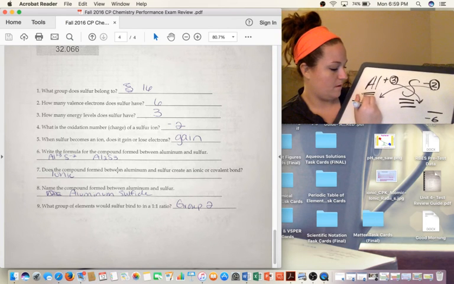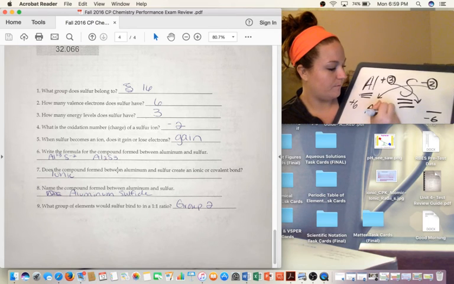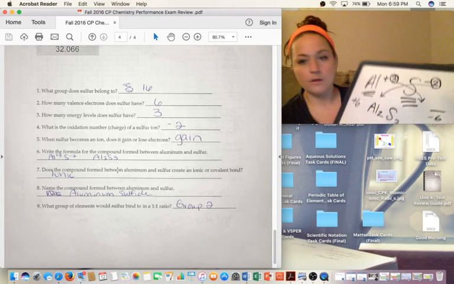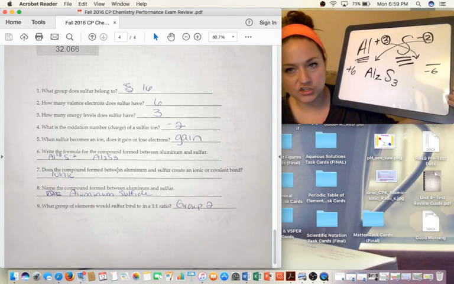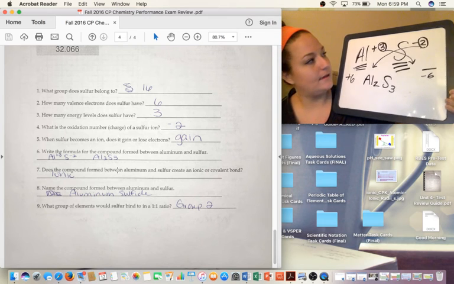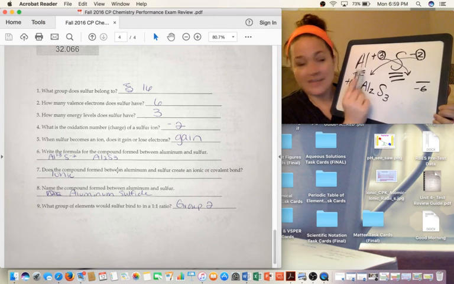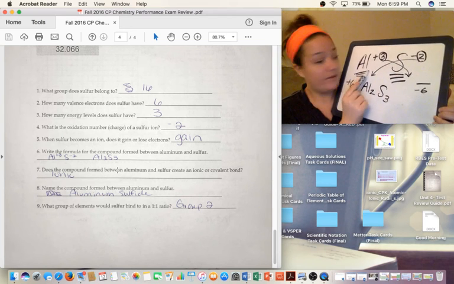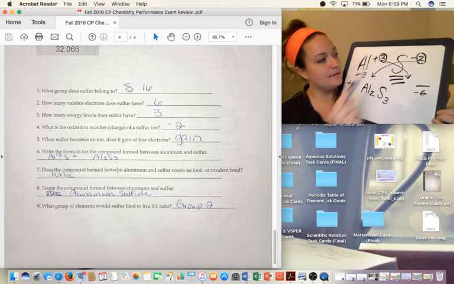So when you write this out, aluminum 2, sulfur 3. I am not switching charges. Literally, what is happening is this: aluminum needs 2 of himself with a positive 3 to make it a positive 6.